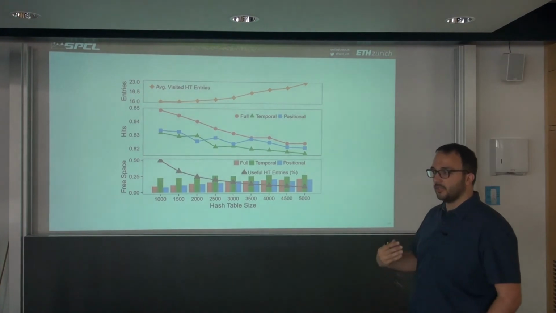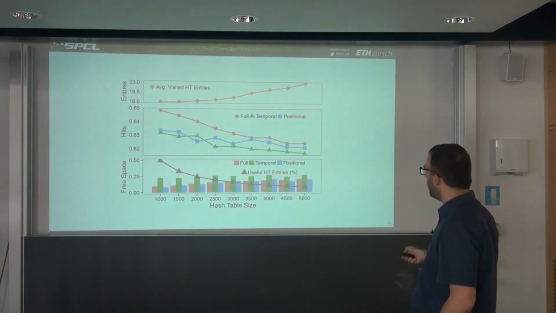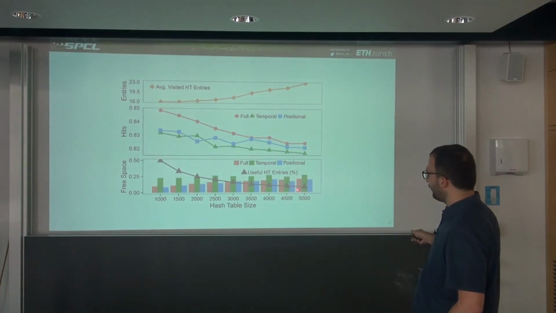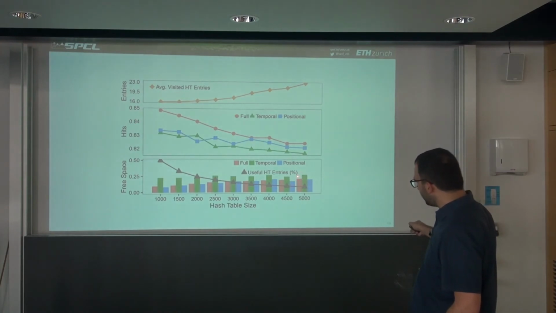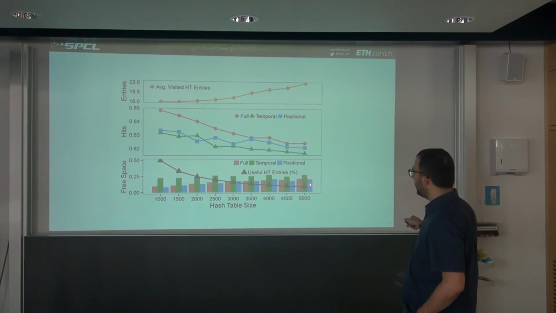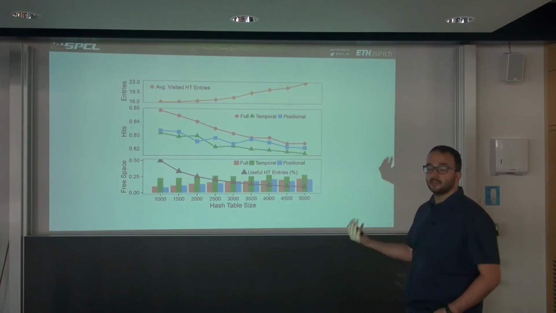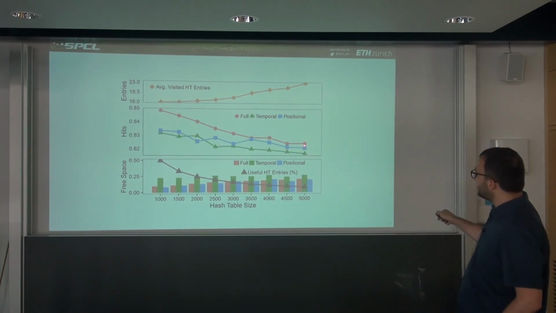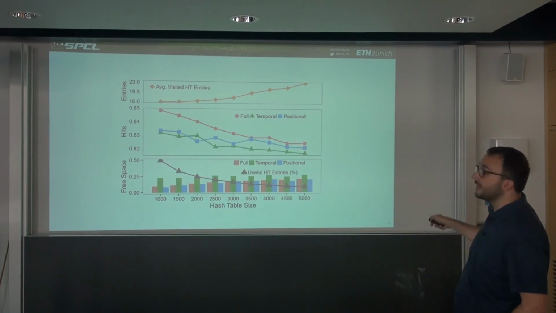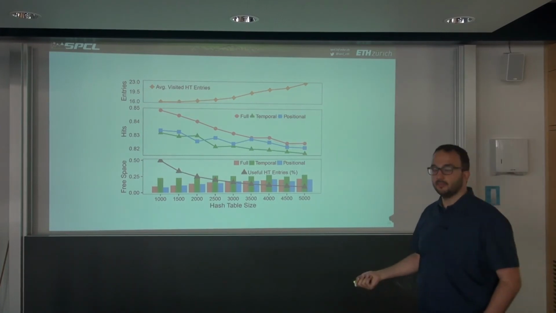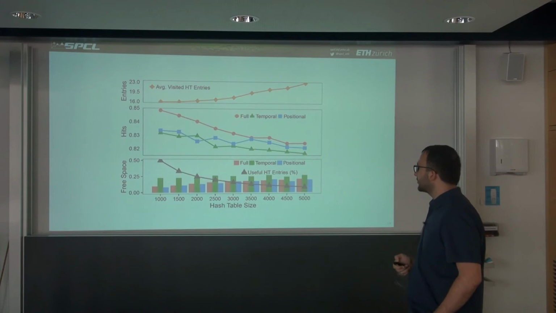So this means we can use the memory buffer in a more efficient way by using positional or full. But still, even if full has more free space than positional, it still has a higher number of hits because it takes into account also the temporal score.